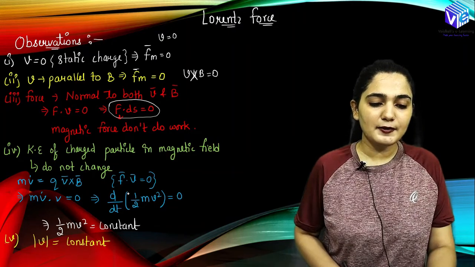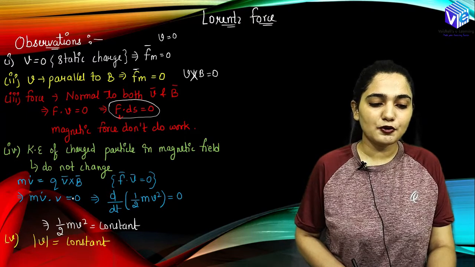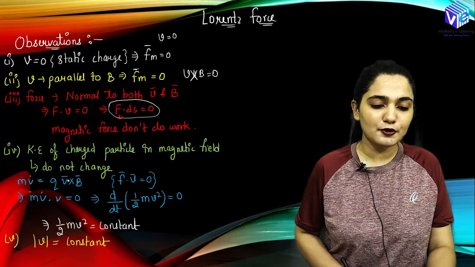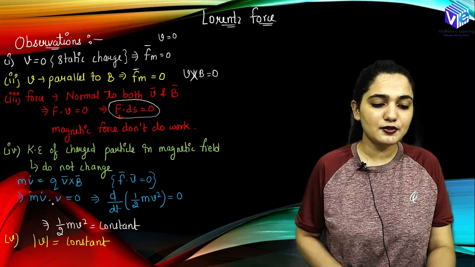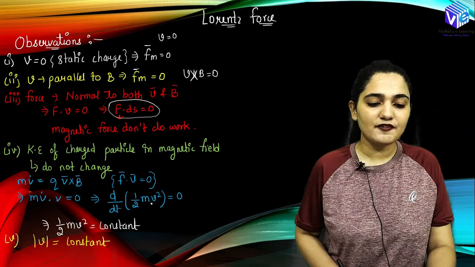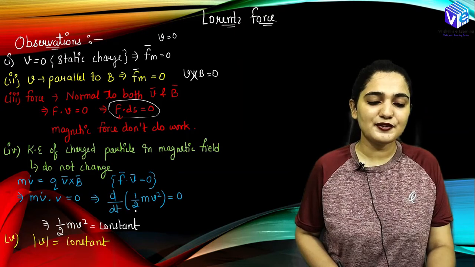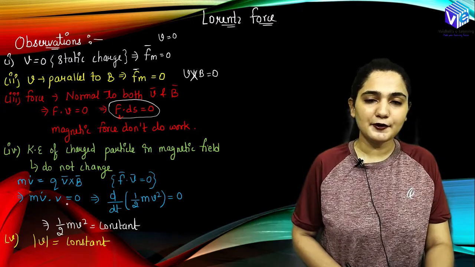So now here we know F dot V is equal to 0. If I take the dot product both sides, I will be having the 0. So now m v dash dot v is equal to 0. How can I represent it? I can represent it as d by dt of half m v square. If you differentiate it with respect to time, you will be getting m dv by dt dot v.